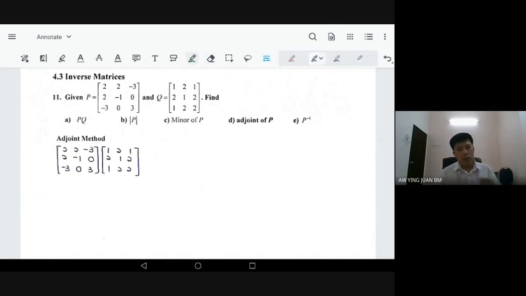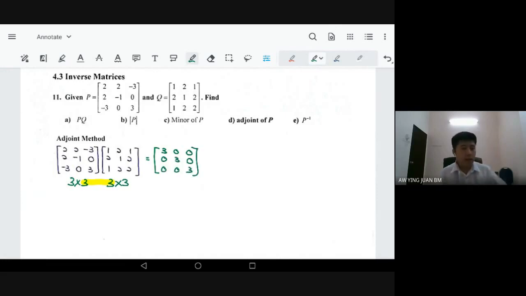Basically, what we discussed before in 4.1 is how to multiply the matrix P and Q. Remember, order 3 by 3 multiplied with 3 by 3, make sure it matches, so the product will be 3 by 3. By using the calculator, you may key in P, key in Q, and we will obtain the 3 by 3 matrix 3 0 0, 0 3 0, 0 0 3.